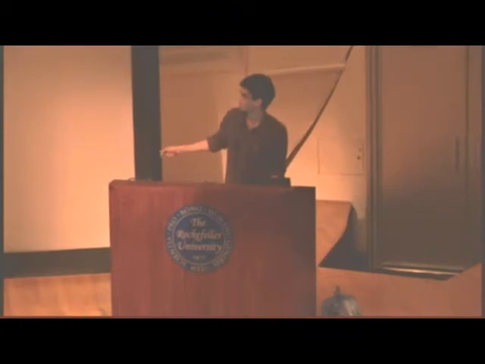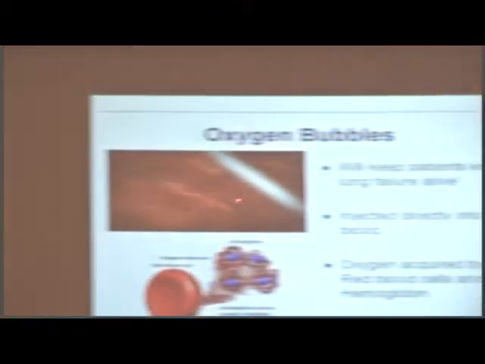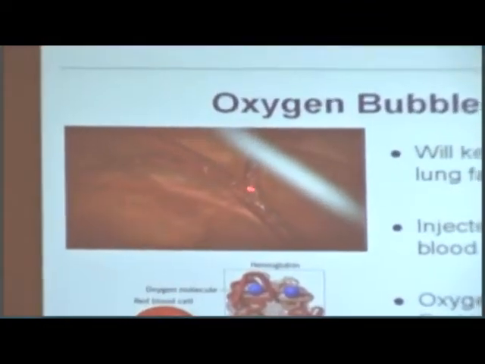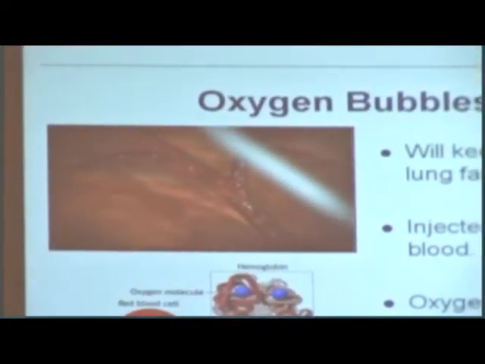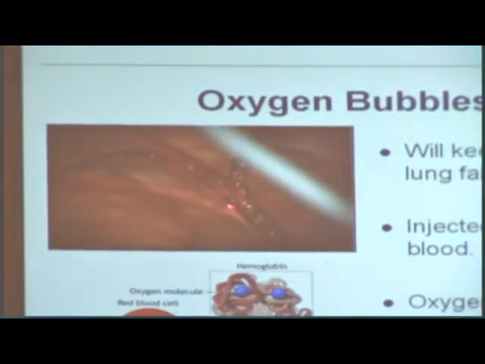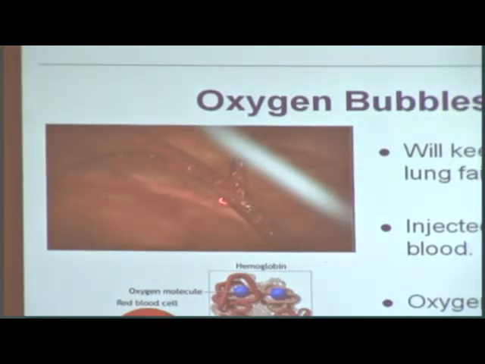And as you can see right here, this is a capillary, and you can see the bubbles in there, along with the red blood cells, right here, these red dots. This is a red blood cell. When the bubble would go in, it would release the oxygen because of the temperature difference.